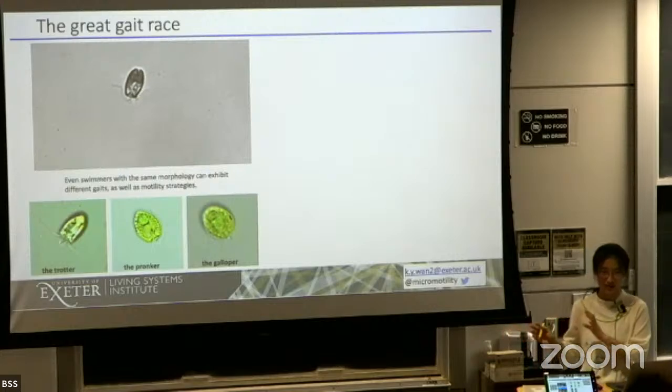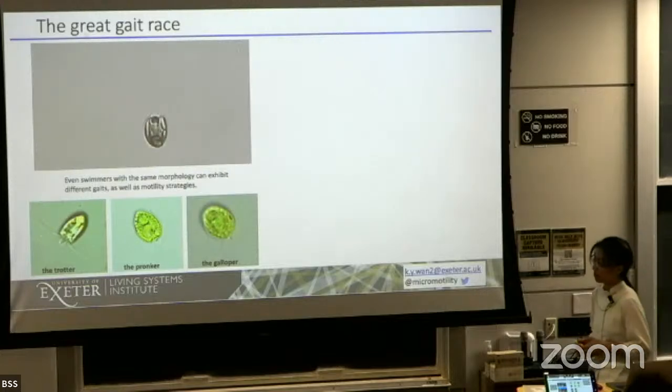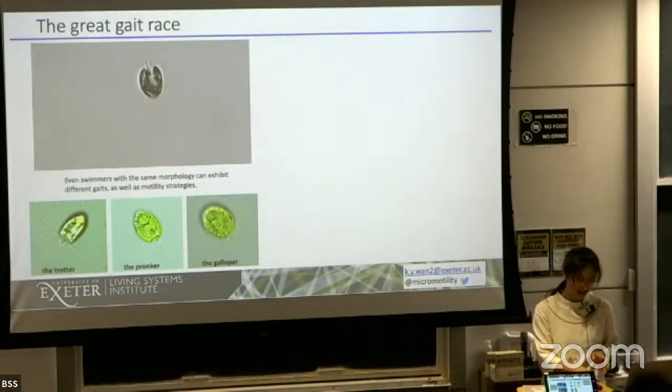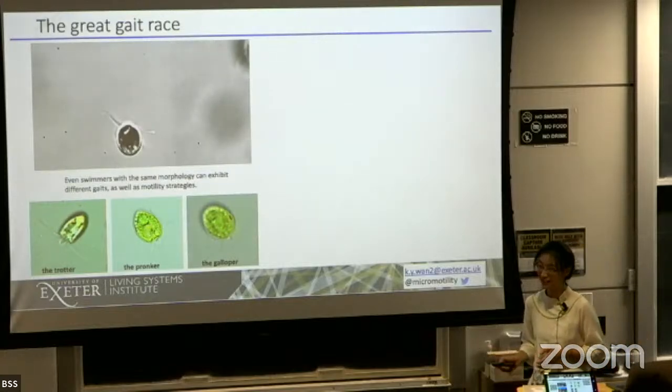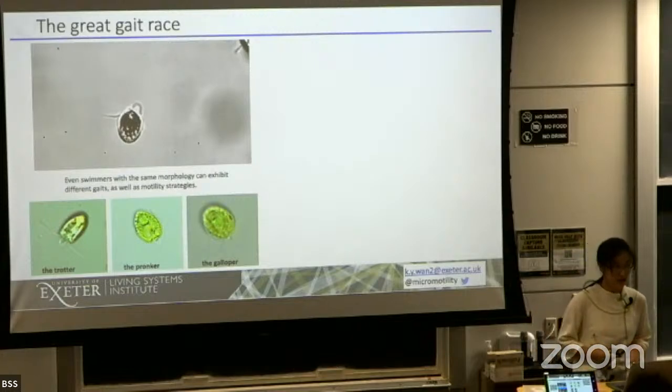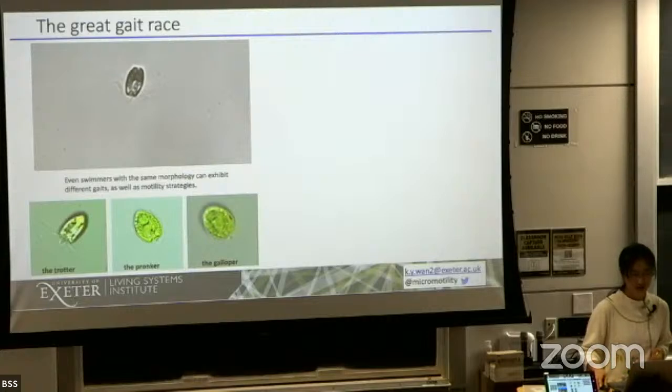first look at the biological context, where you can find many different species of these microswimmers that look broadly the same. They have the same body size, mostly, and the same number of appendages, in this case 4, but they have different gaits of swimming.